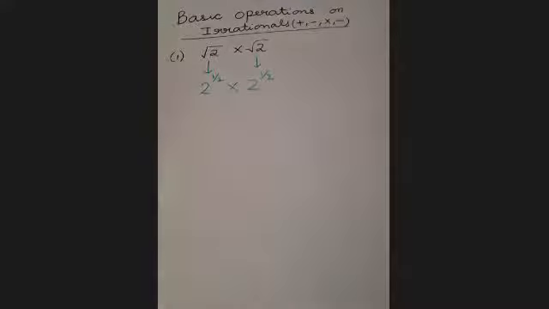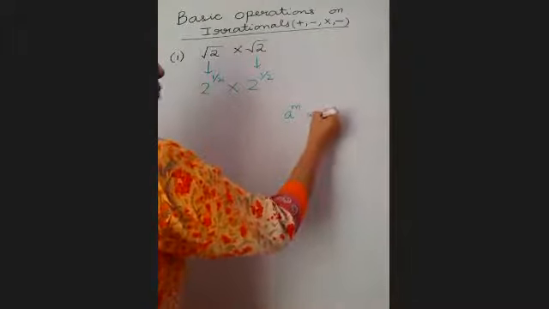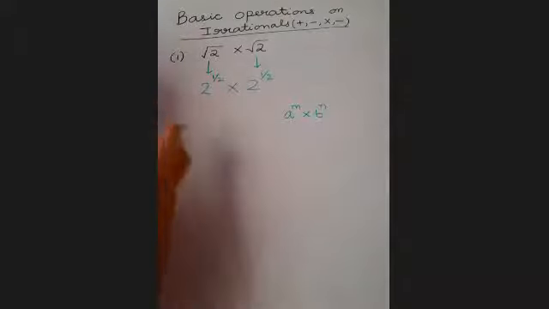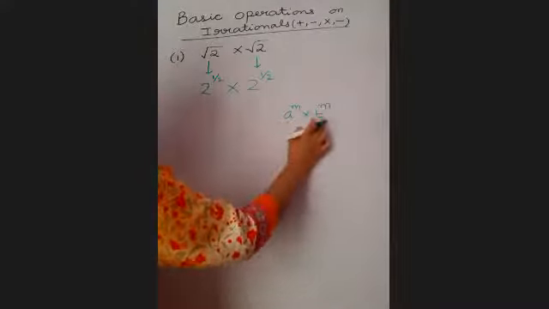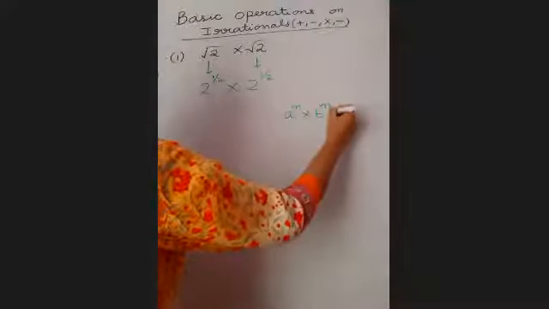Now applying the laws of exponent, if you have a raised to the power m into b raised to the power n, what happens? What does it become? A raised to the power m into b raised to the power m is ab raised to the power m.